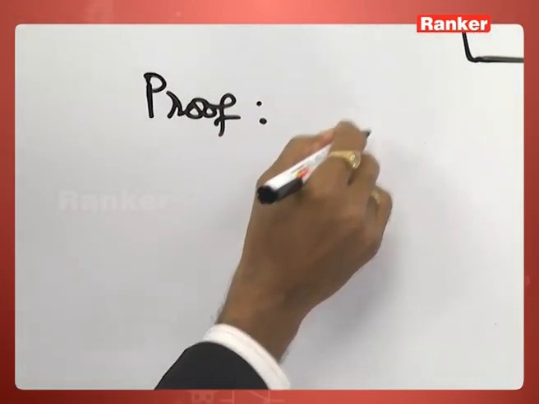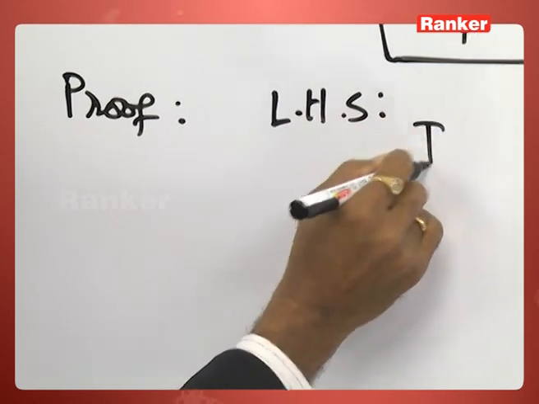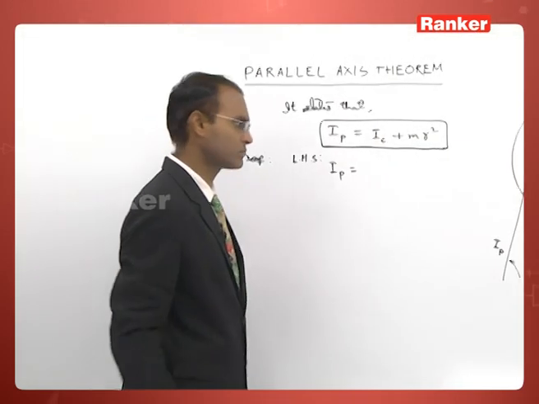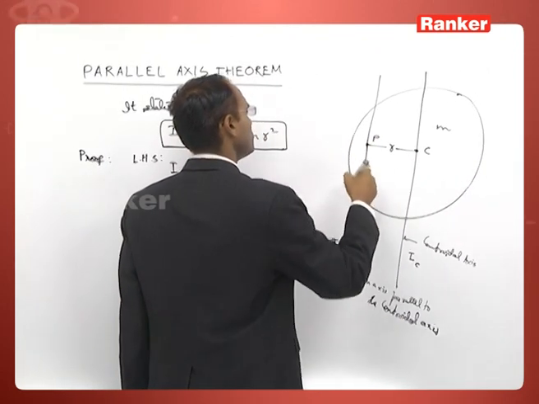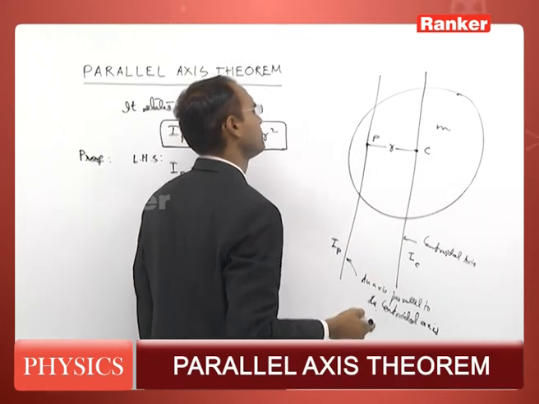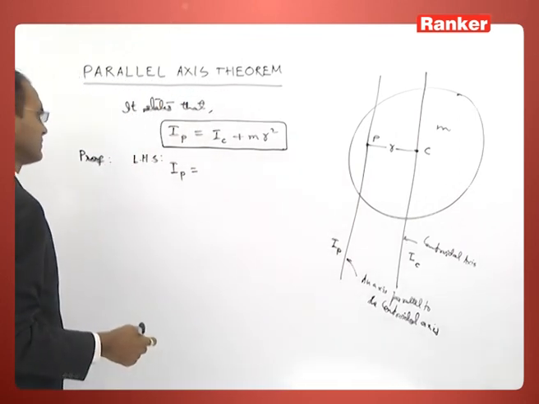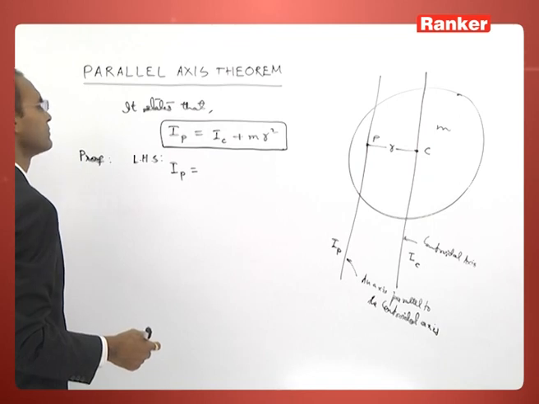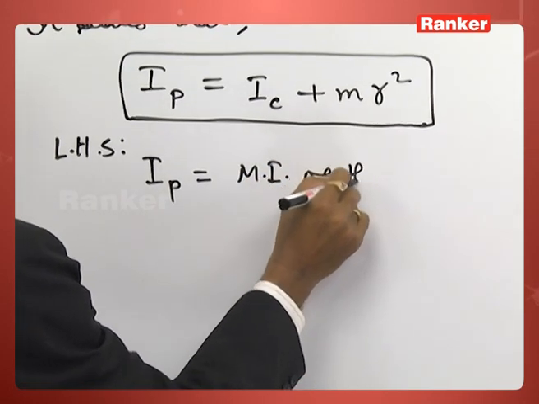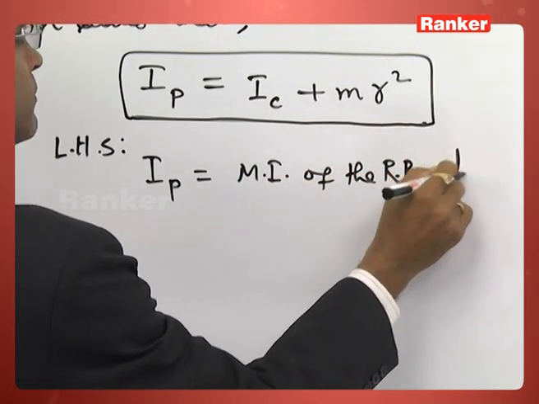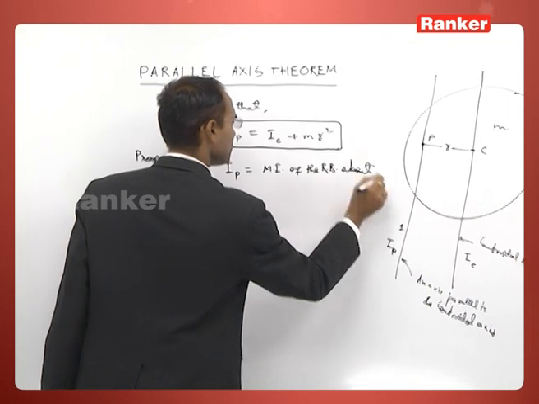we have to take the left hand side, this is IP. The moment of inertia of the rigid body about this axis is called IP, the moment of inertia of the rigid body about the axis number 1.